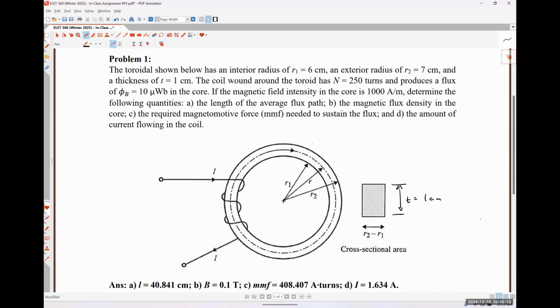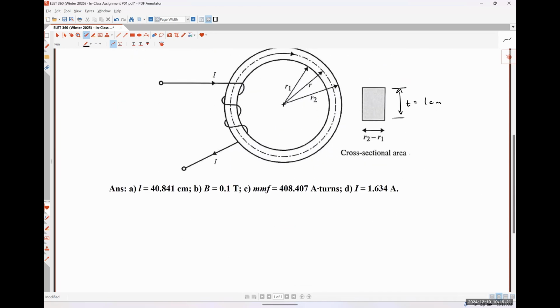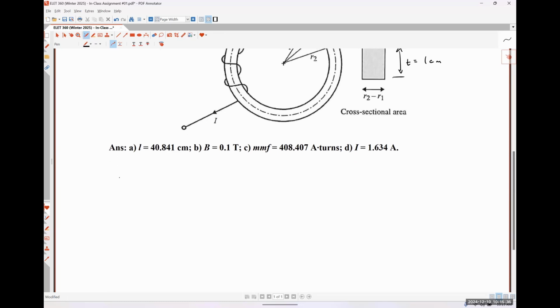Actually, before we even write down the information that we're given, let's go back and look at the relationships that we determined from our last class meeting to figure out where things are, right? So we have a toroidal core, or toroidal coil. From this, we found that our magnetic flux phi B was equal to N times I times A mu over L, where L is the length or average flux path of the core.